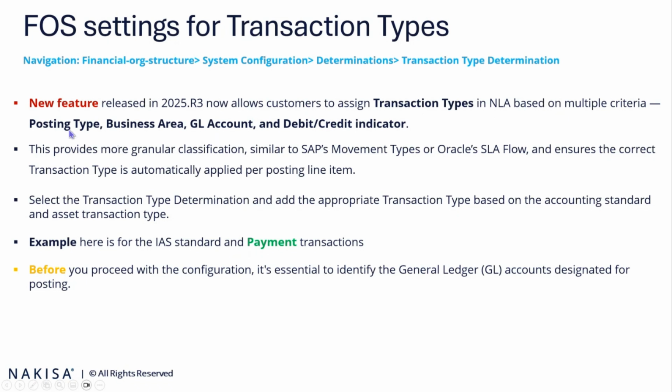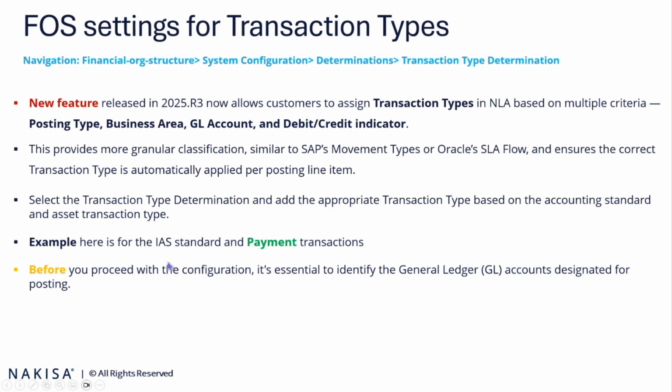The existing one that you already have is posting type. Then we have added business area, GL account with debit and credit indicators. This will provide you more granularity, again, SAP movements or even Oracle's flow by events, which will ensure that you have a correct transaction type applied automatically for each posting line and reporting purposes.